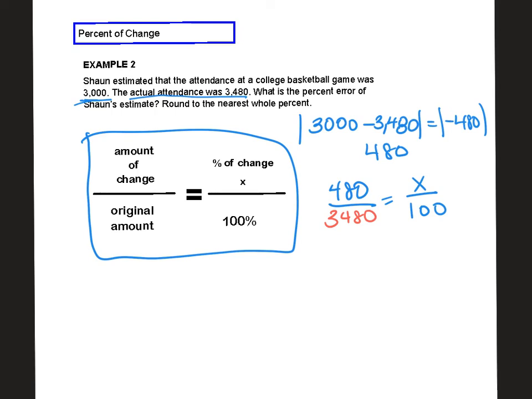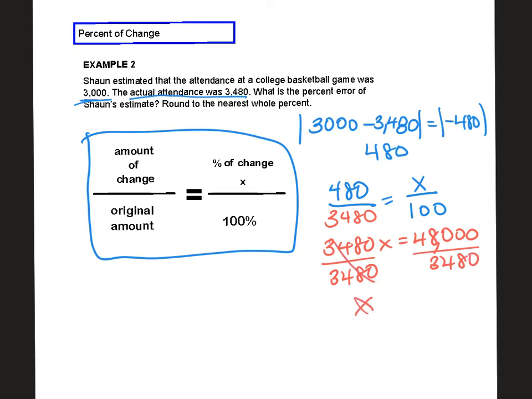So now let's get started. We're going to do this with a proportion. So we're going to cross multiply. I get 3,480x equals 48,000. Be careful with these zeros. We can make very simple mistakes by not doing the calculations correctly. So we are going to divide both sides by 3,480. Now here, we can do this manually.